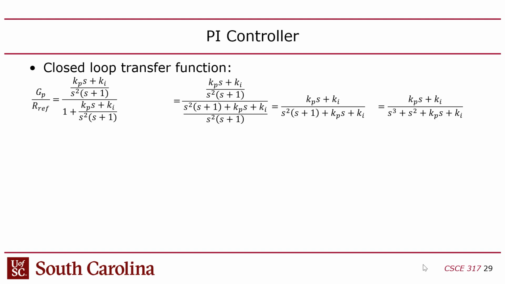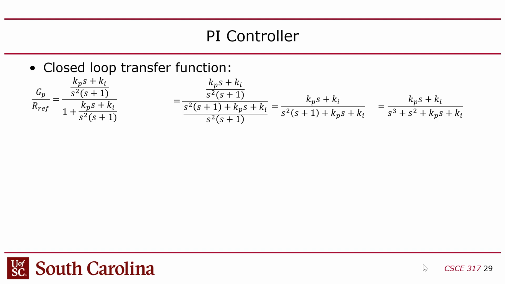Sorry, no, this 1, I made it S squared times S plus 1 over S squared plus S times 1 to get a common denominator. Then I could factor out the common denominator on the numerator and denominator, and you end up simplifying it to this. So that's it, the closed loop transfer function is here.